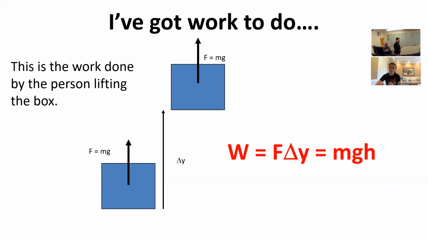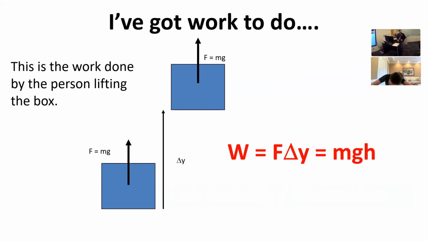That's going to be more of a focus for our lesson on Monday, but a little bit of foreshadowing today. So the work that we do to lift something up stores that as energy in the object, and we call the way it stores it gravitational potential energy. So we'll give you a little preview today, and then we'll dig into that in more detail Monday.